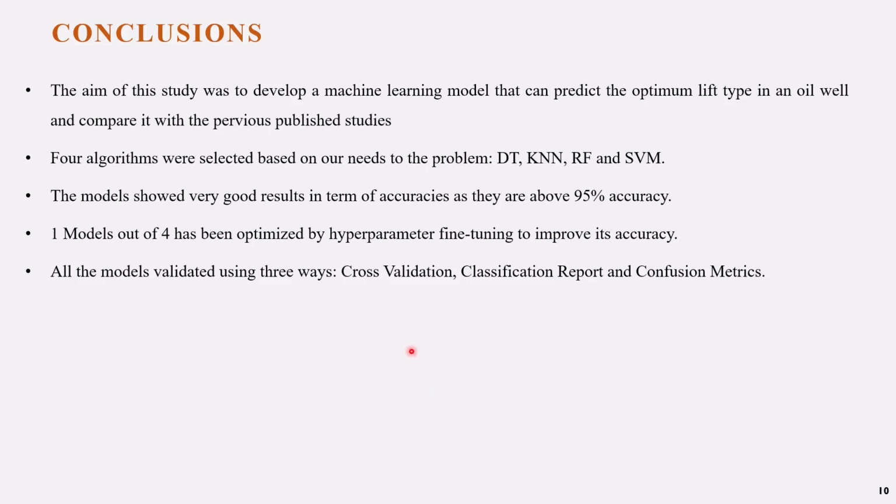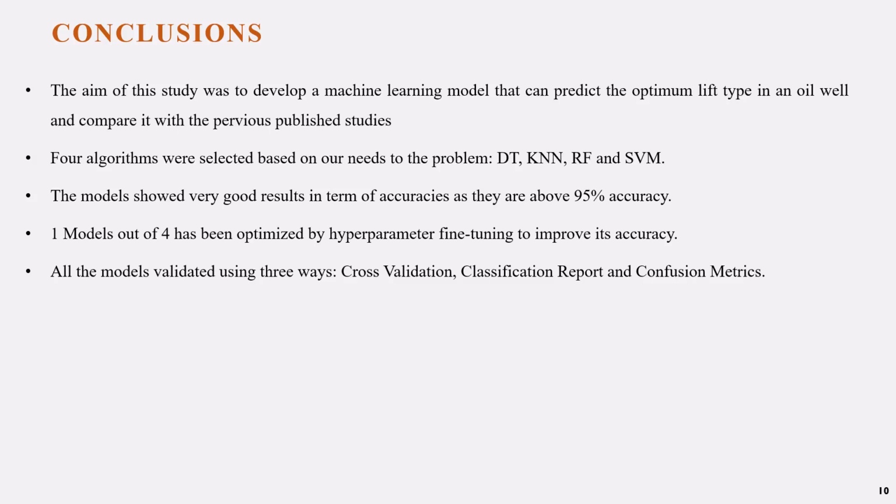As a conclusion, the aim of the study was to develop machine learning that can predict the lift type in an oil well. 4 algorithms were selected for this study, and those models show very good results in accuracies, above 95%.